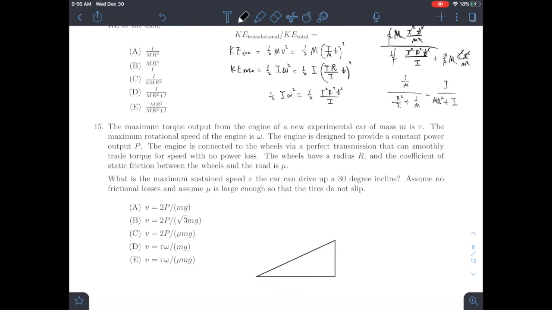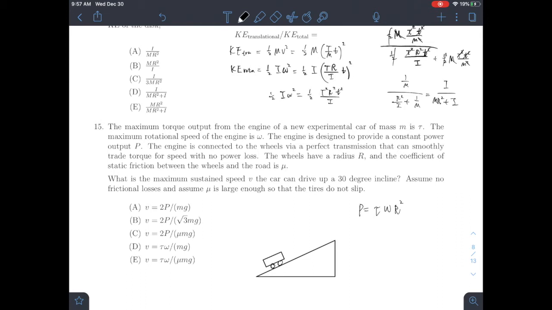So first, let's draw this diagram. We have a ramp and a car on this ramp. Let's draw 2 little wheels and a car. Okay, this car is here, and we want to drive up the incline. First, we know that power is equal to force times velocity. Translated to torque, it will be torque times omega times r squared.